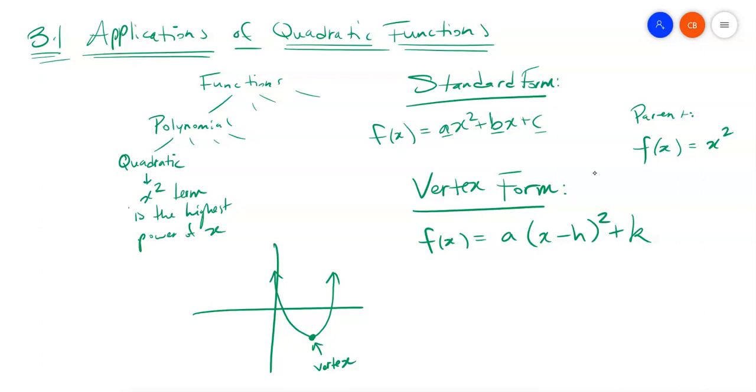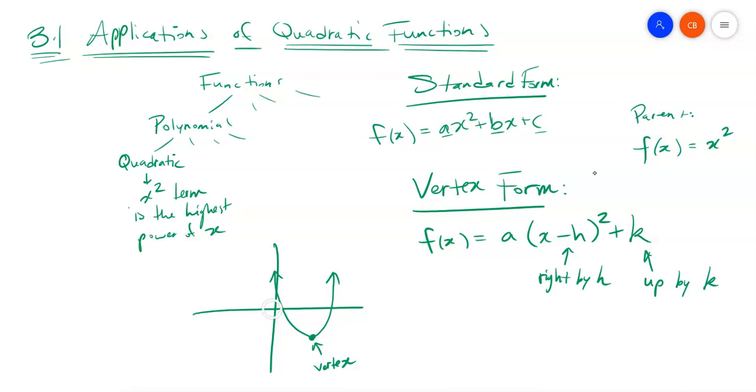And then what you see about the vertex form for this one is that it is simply the parent function there that has some transformations. In particular, it's shifted to the right by h because of this thing over here. And then because of the plus k, it is shifted up by k. And so of course the parent function has its vertex just at the origin at 0, 0.